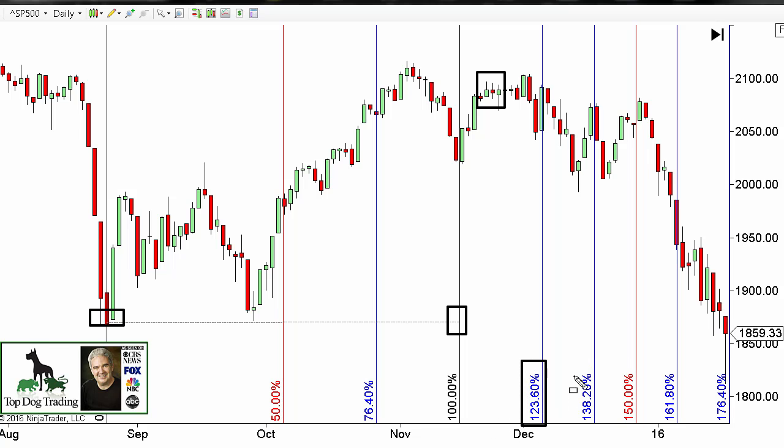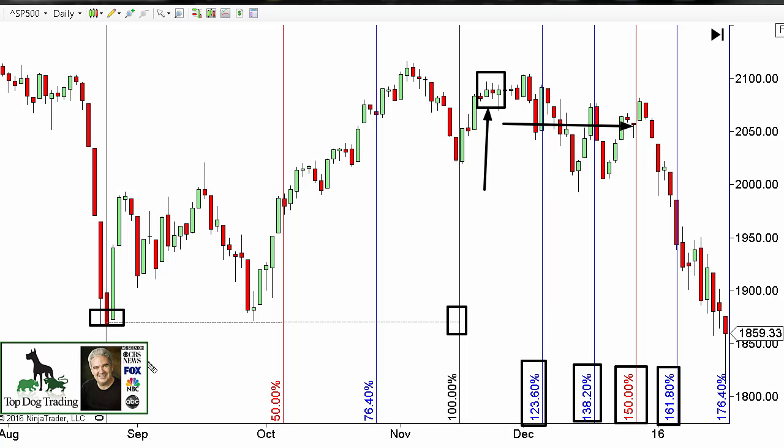So 123.6, 138.2, 150, 161.8, and so forth. So if we drew the tool on here this day, as the market moves forward, there will be these vertical lines indicating times when we could have major shifts in the market.